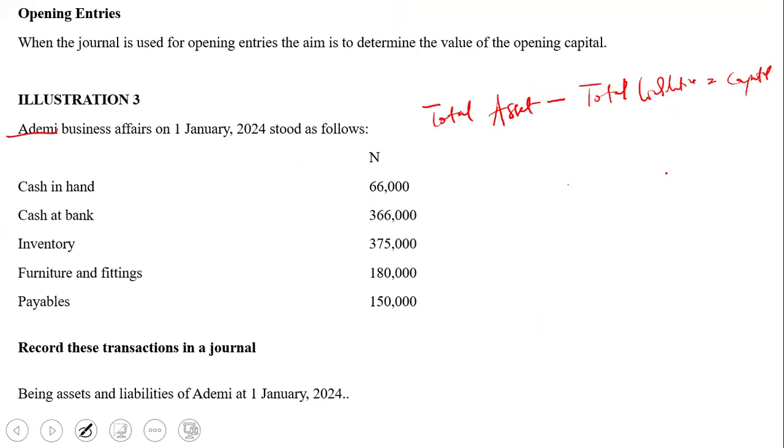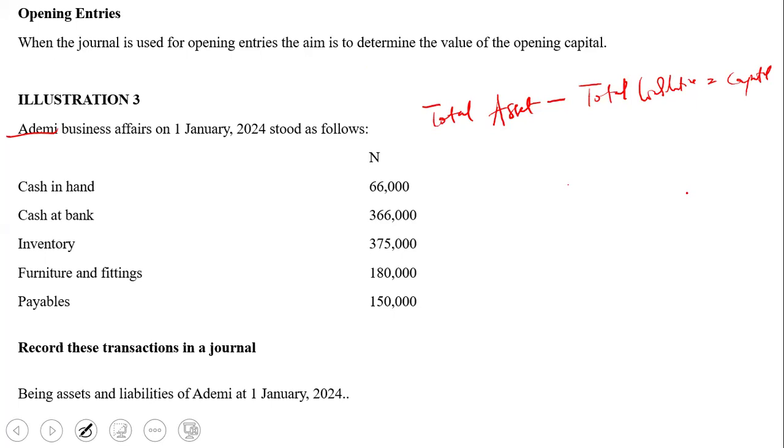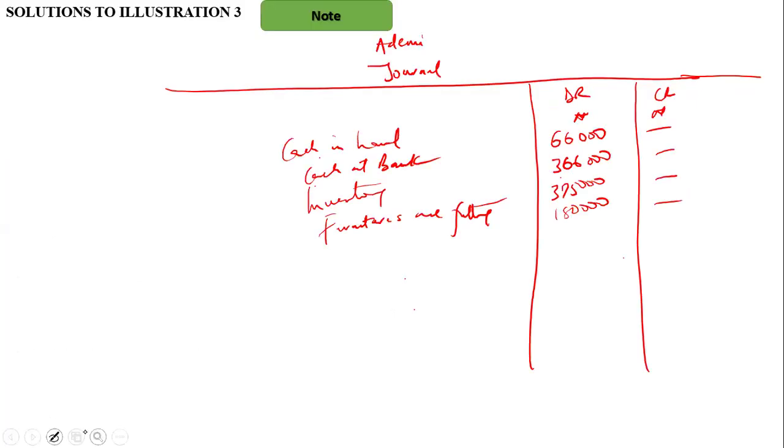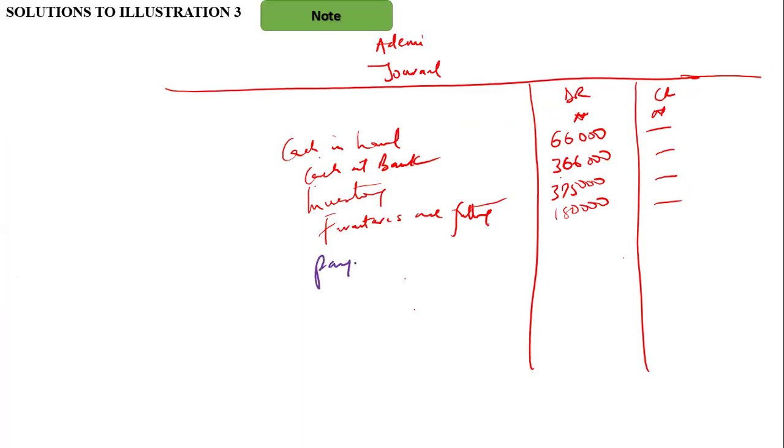Then we equally have furniture and fittings, and furniture and fittings is 180,000. Then we have our payables. Don't let us forget, payable is a liability, so it will be on the other side. Our payable is 150,000.